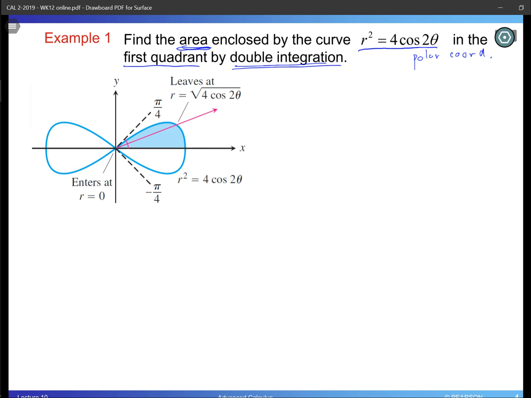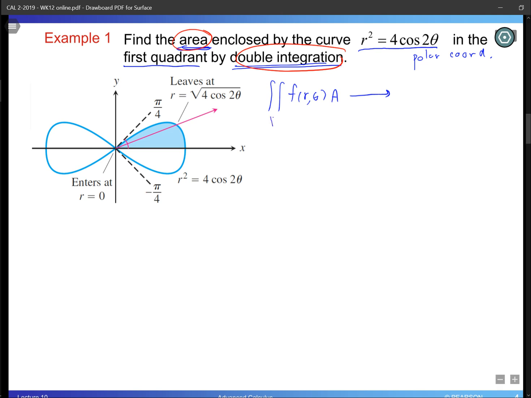So when it comes to double integration and area, you know what to do. This is from last lecture. So area. Let's put the formula down first. So far we have the double integration of f of r, theta dA, and we know that this is the volume under the function surface over the domain region.